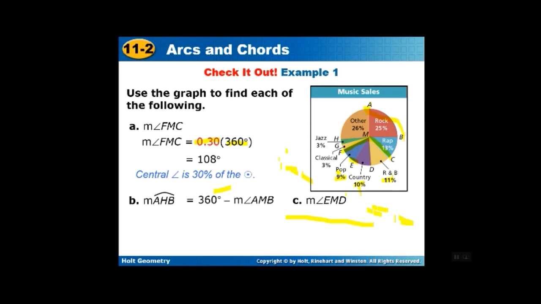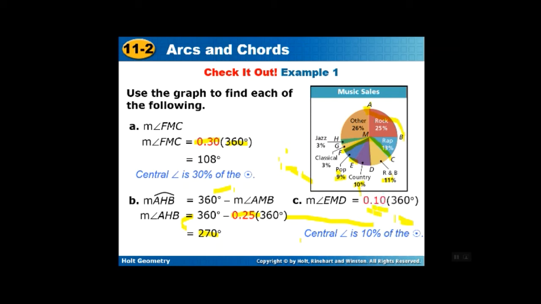Now AMB is 25% of the 360, so we will multiply 25% by 360 to get the part which is the red part here, AMB. Then subtract from 360 to get 270 degrees. This is the central angle.